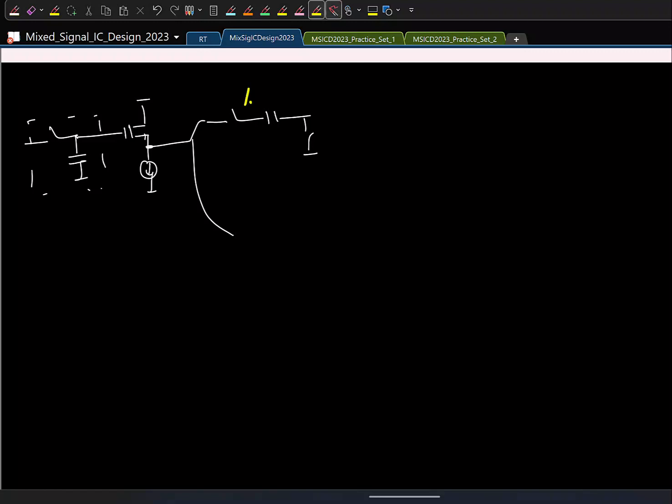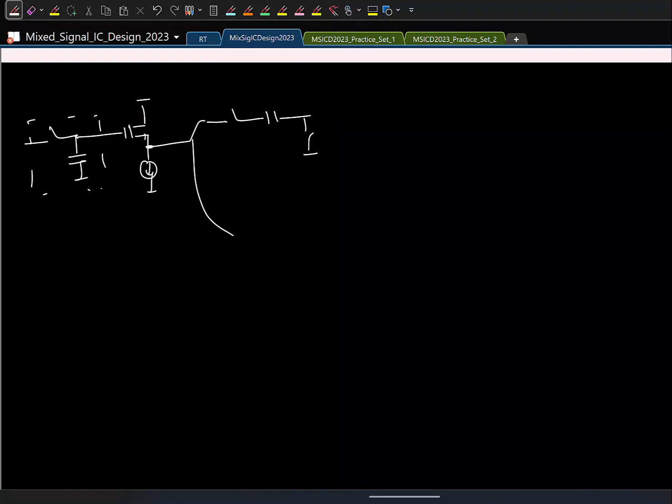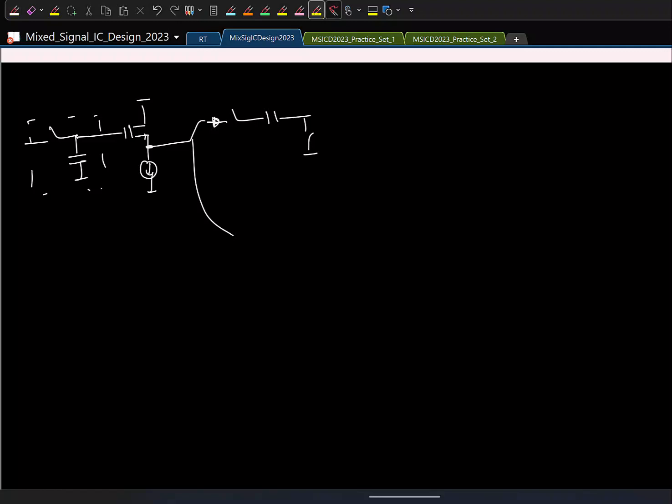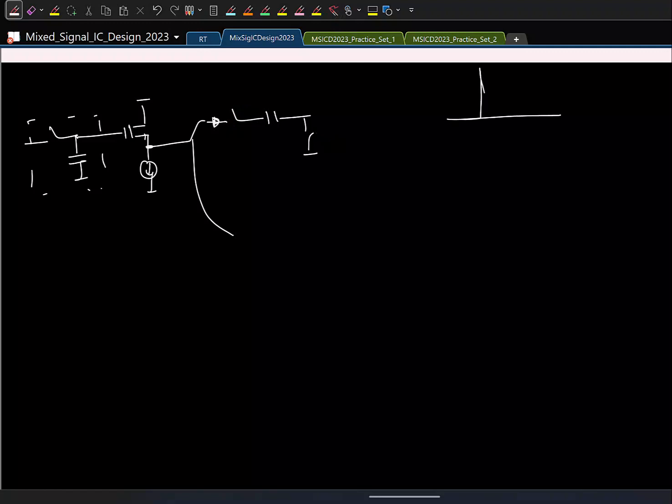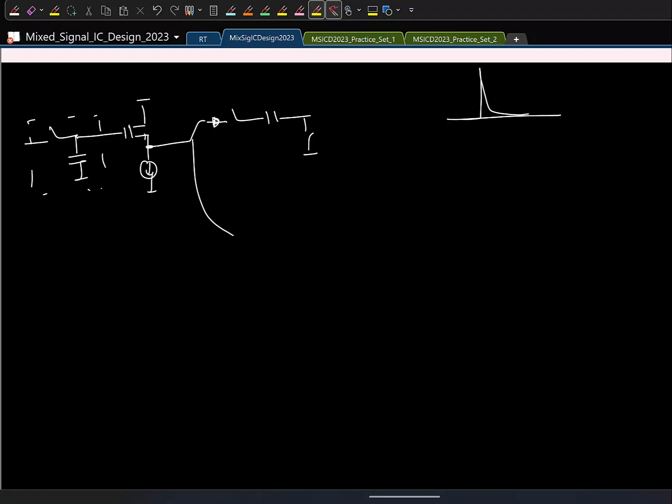And if you have a switch and a capacitor like this, in the last class we saw how the current will look. The moment I close the switch, how will the current look like? Ideally it will be an impulse. In practice it will be a huge spike like this, and this current has to be provided by this guy.